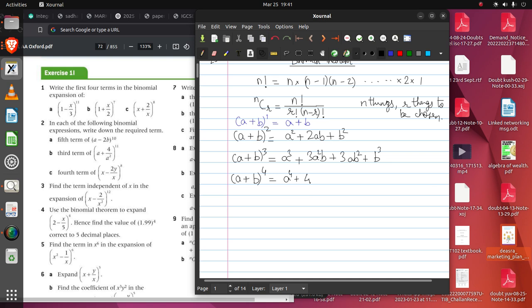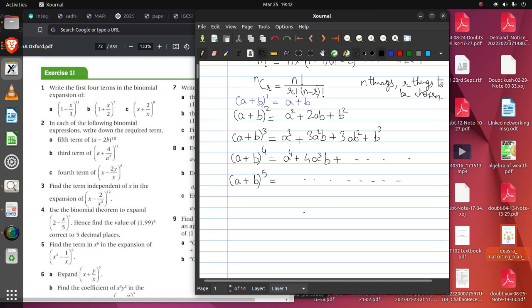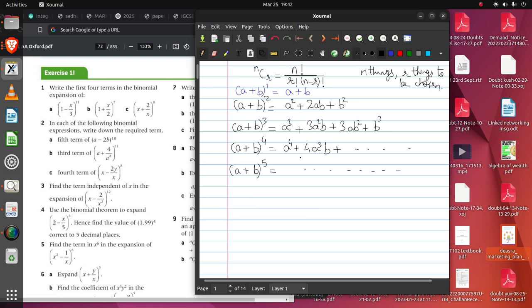As you go higher and higher, it becomes more and more lengthy to write the entire expansion, even though I may just need a particular term. That's where the binomial theorem comes in.